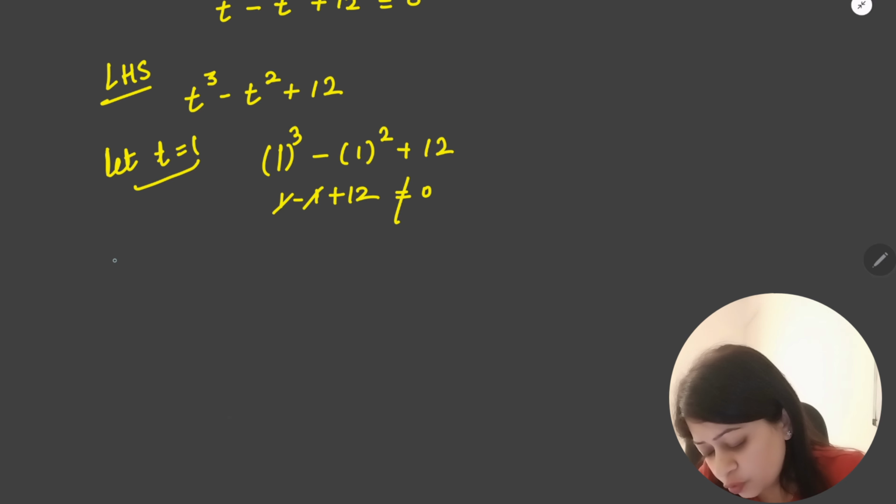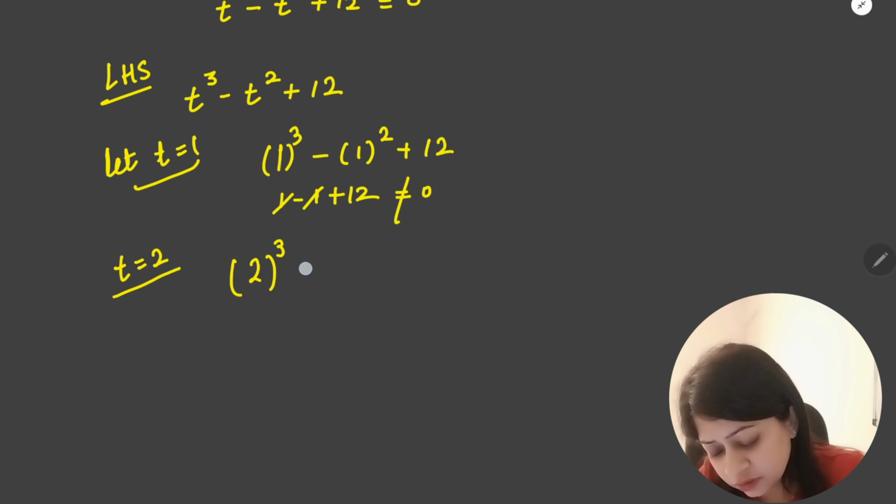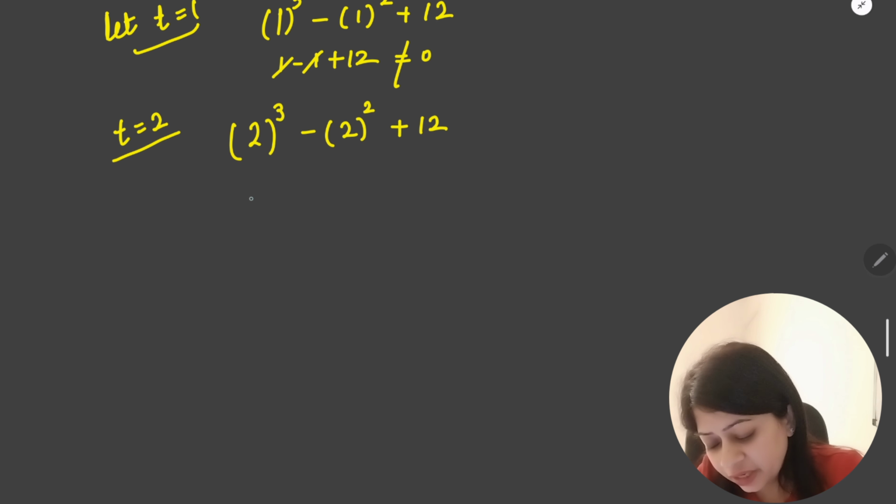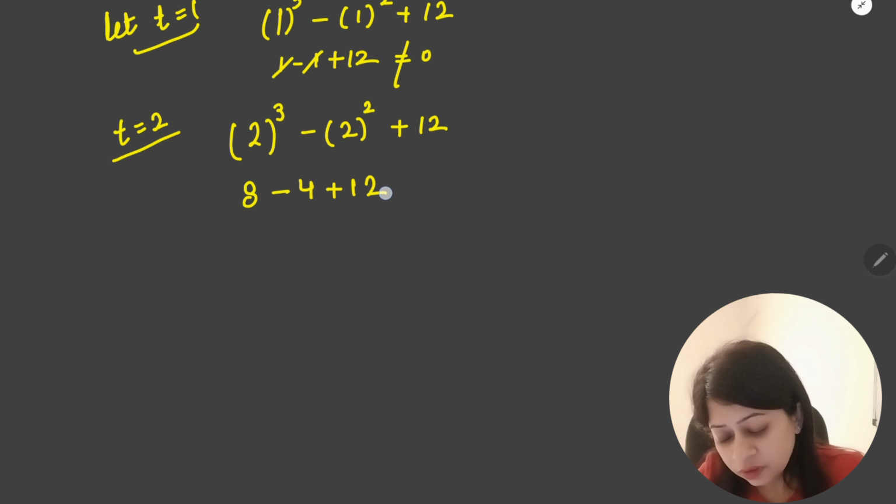Now I try to put t is equal to 2. So we get 2 cube minus 2 square plus 12. What is 2 cube? 2 cube is 8, minus 4 plus 12. So 8 minus 4 is 4, plus 12. This is also not 0.